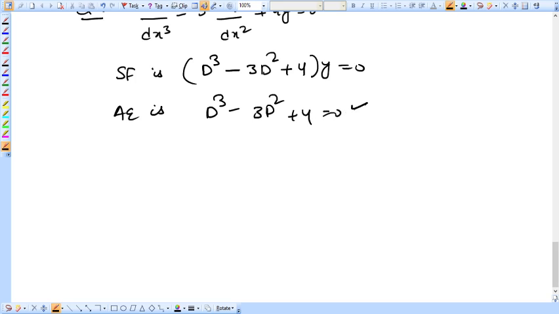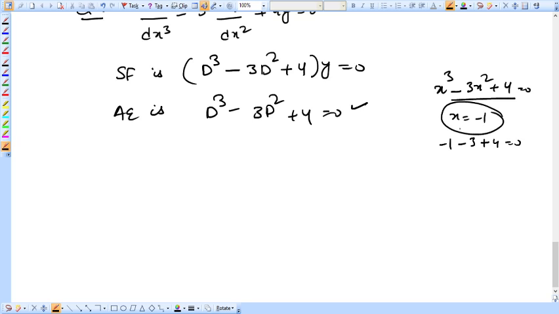Now we will be finding out its solution. So what could be its solution? Obviously, as you can see, try this: x cube minus 3x square plus 4 equals 0. This is your equation. If x is equal to minus 1, then minus 1 minus 3 plus 4 equals 0. So x equals minus 1 is a root of the equation.